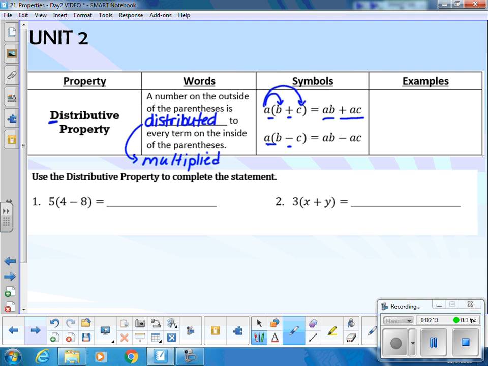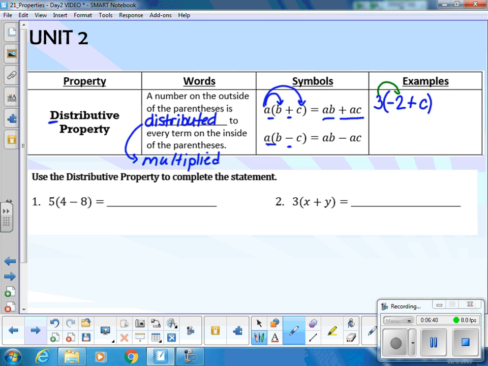So let's look at another example. Say I had 3, and then I had a negative 2 plus C. I have to take that 3, and one of my other classes said it's like that annoying boy or girl that goes around kissing everybody at a party.